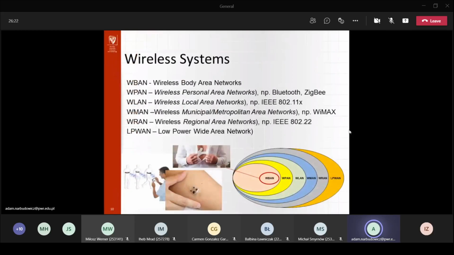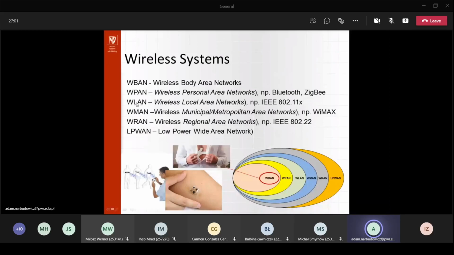Moving on, I chose two topics which I believe are also quite novel and interesting. They're not exhaustive for all of the wireless communication, but they are, I believe, quite representative for the system. So over here we can see a classification of different wireless systems, right? So basically, also including different standards.